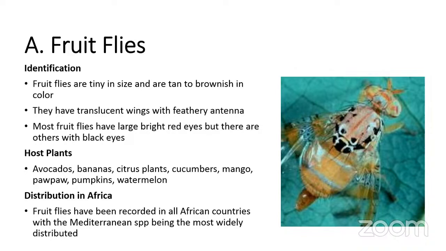And when you look at the antenna from the picture, it has some feathers. It is hairy. Then most of the fruit flies have large, bright red eyes, but there are some species which have got black eyes. They look almost like the housefly.